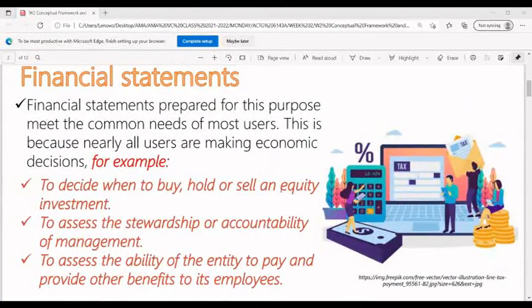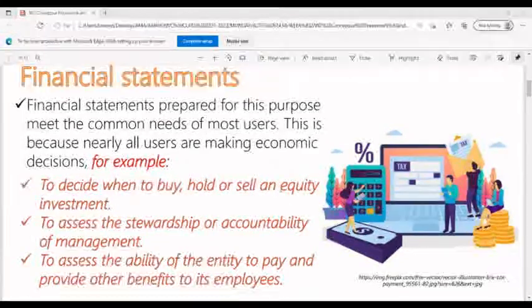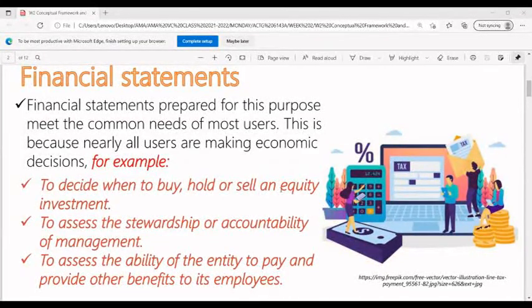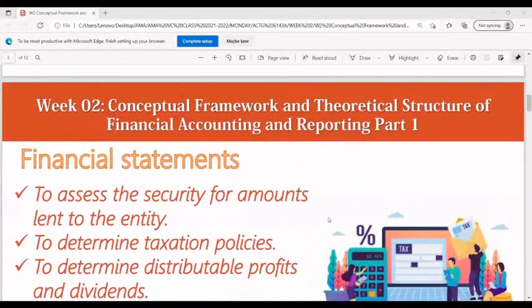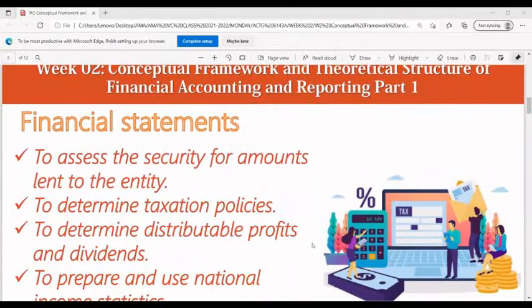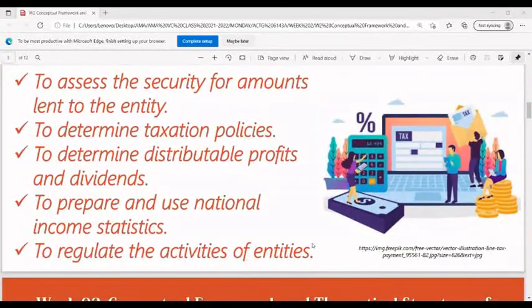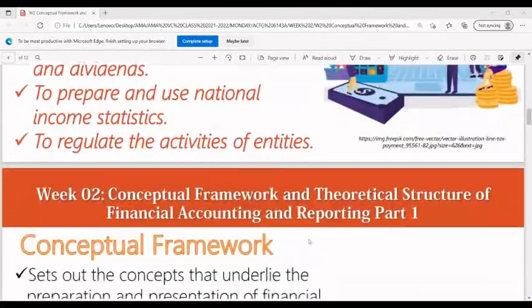This is because nearly all users are making economic decisions, for example, to decide when to buy, hold, or sell an equity investment, to assess the stewardship or accountability of management, to assess the ability of the entity to pay and provide other benefits to its employees, to assess the security for amounts lent to the entity, to determine taxation policies, to determine distributable profits and dividends, to prepare and use national income statistics, and to regulate the activities of entities.